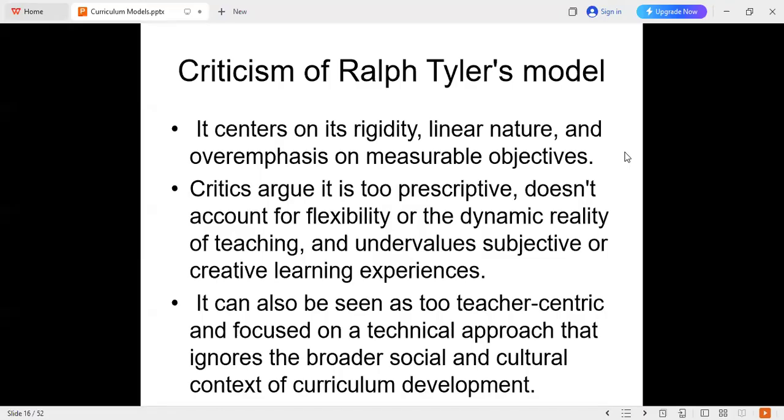It is not there. That is the linear nature. That means assessment and evaluation is the end of the curriculum process. If the student fails to achieve the objective, what can the teacher do? There is no follow up. Later we can see other models that have given a solution to that, but Taylor failed to do that.